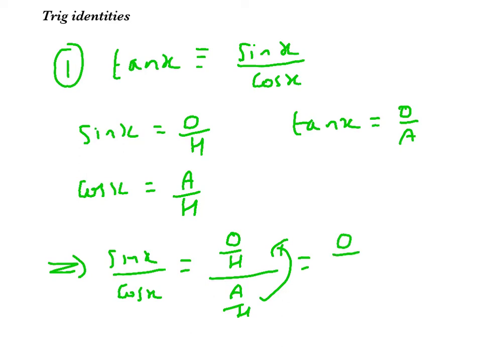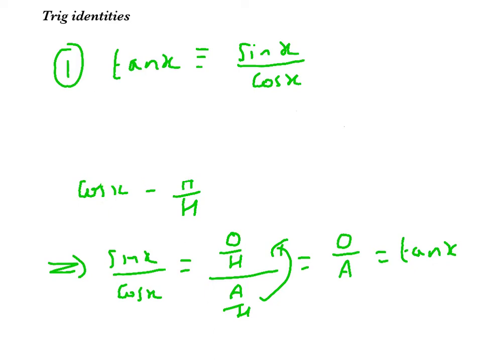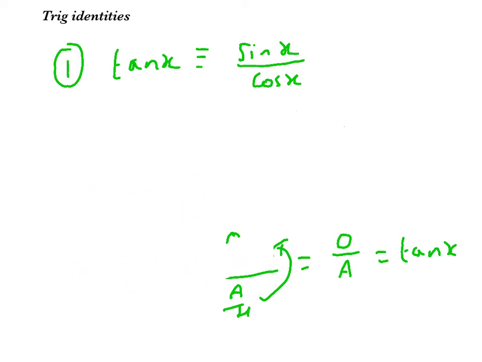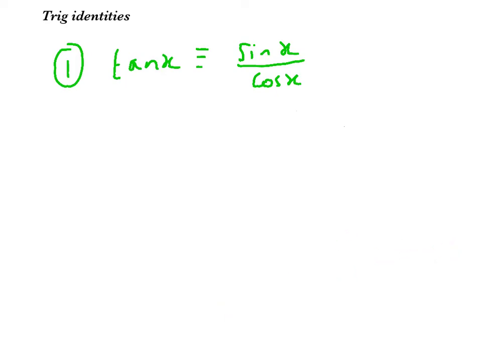So I would end up with O over A, which of course is tan x. So we've just proved our first identity, that tan x is always equal to sine x over cos x. Really, really important that we remember this because you're going to be doing things like proofs in the next couple of videos.